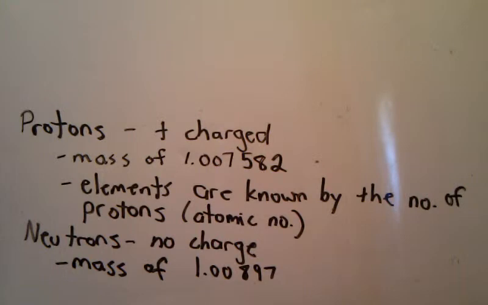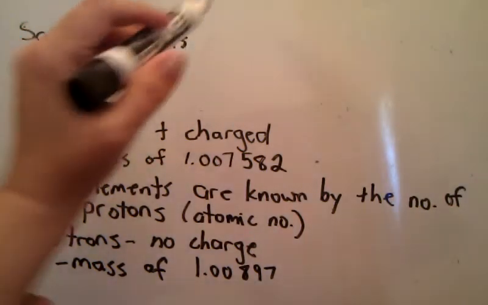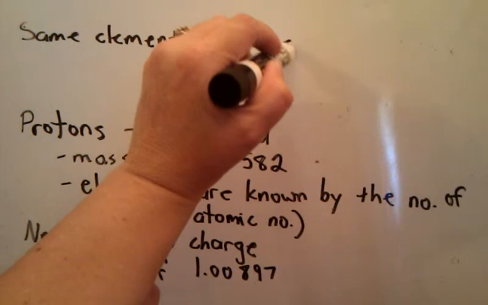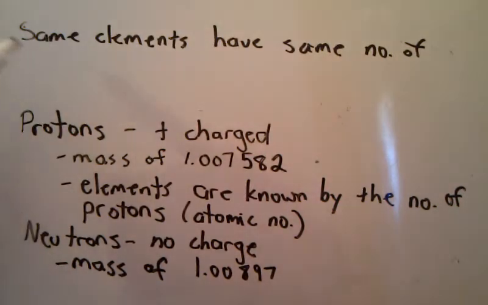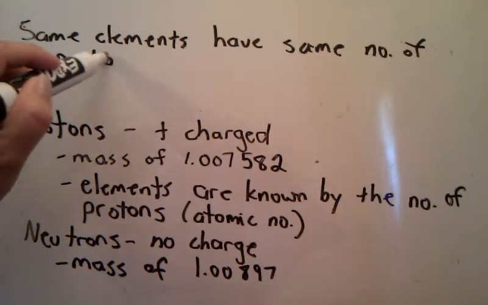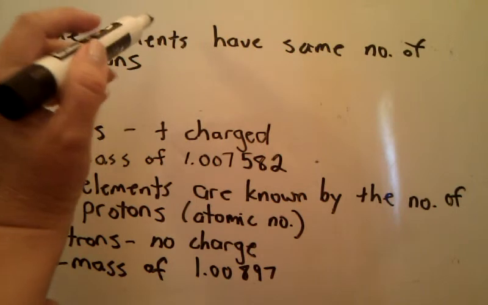Okay, we said that the same element has the same number of protons, but they can have differing numbers of neutrons.